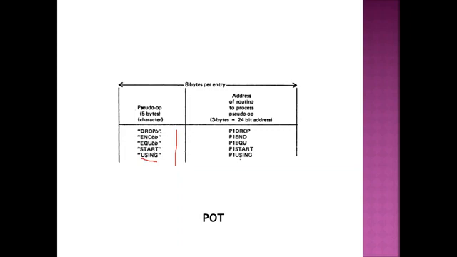This is your pseudo opcodes. What you have here are labels. If I find that particular opcode, what should happen? I have to transfer to some label and then execute whatever is required for that particular opcode, right? So this pseudo op has some label. For example, DROP has a label P1DROP, END has P1END, and so on.